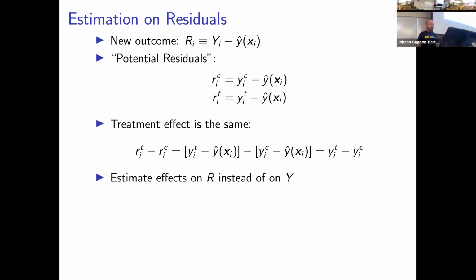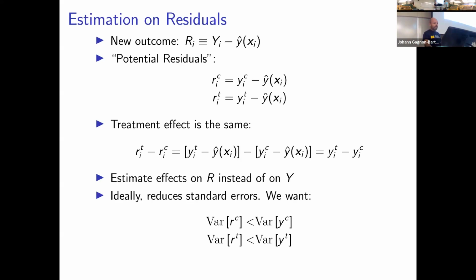So then you can estimate your effects on these residuals instead of the original outcome variable. And with any luck, this will reduce standard errors. In particular, if the variance across individuals of the control potential residuals is less than the variance across individuals of the original outcomes, and same for the treatment, then this will reduce your standard errors.